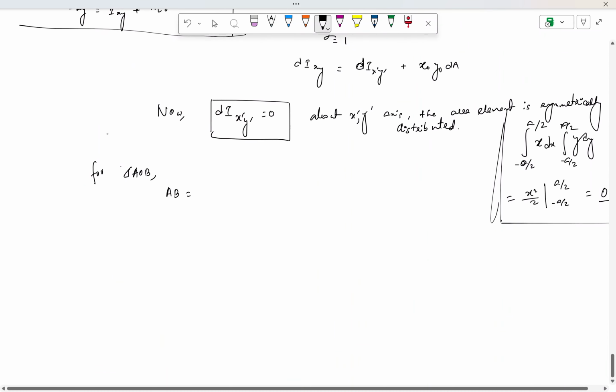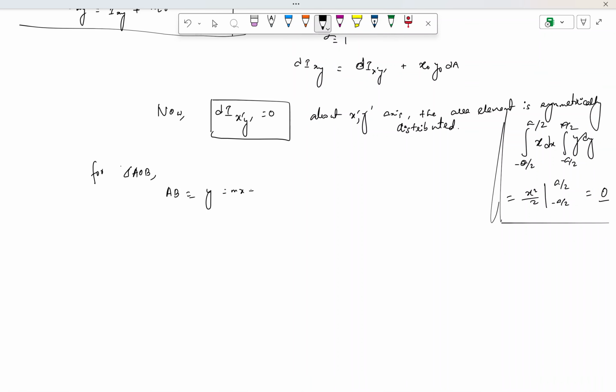So basically you can find out the equation for AB. AB will be some y equal to mx plus c kind of an equation, right? And now you have to just find out what is m and c for this line AB.